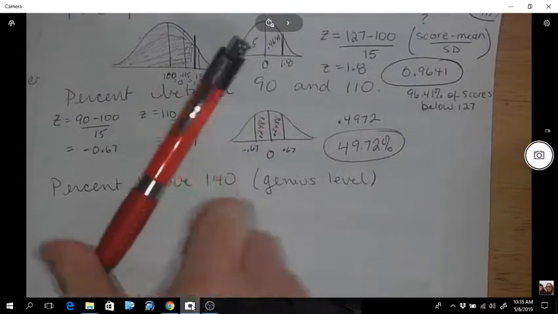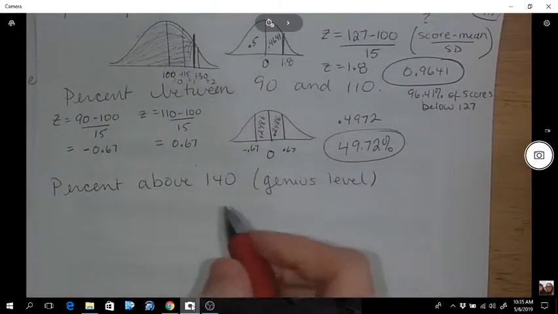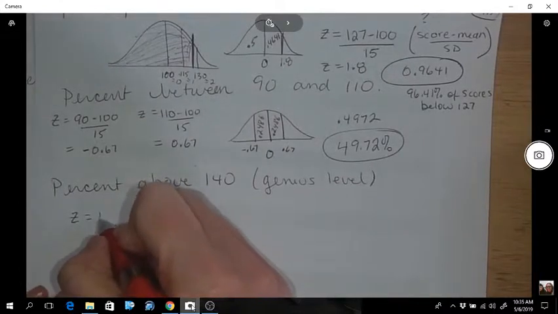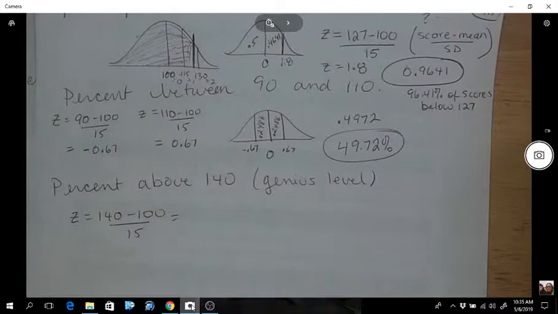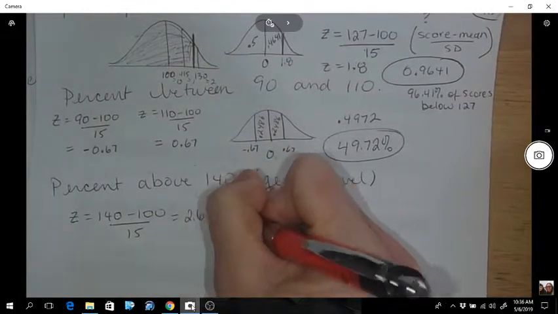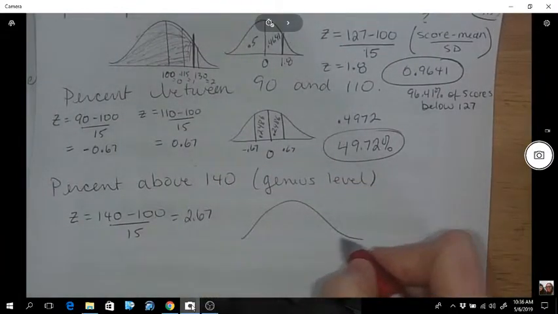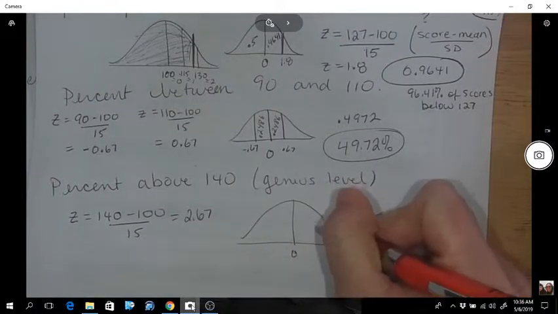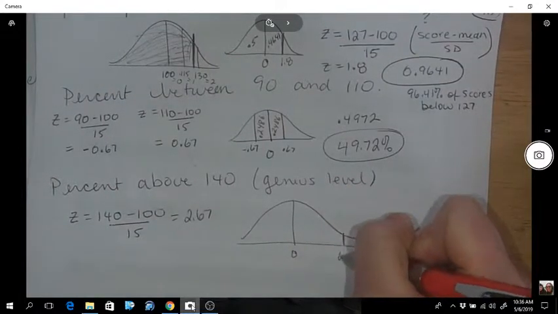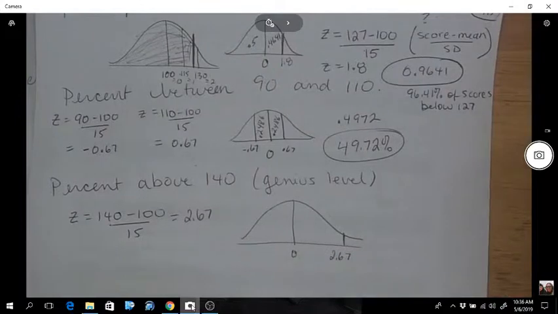Okay, if you are a genius, what's the percent above you? So let's go Z-score first. The Z-score that correlates to 140 is 2.67. So we know on a curve, here's our 0, 2.67 is up there.